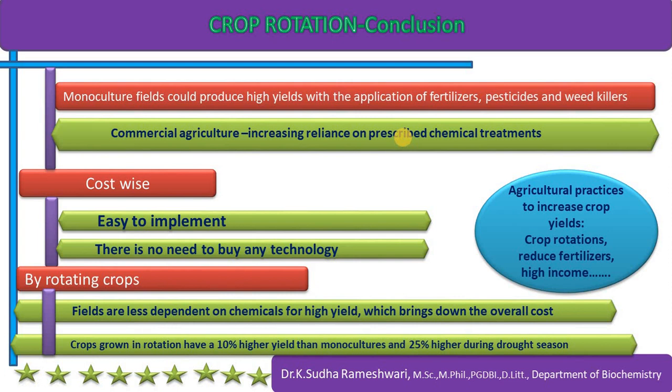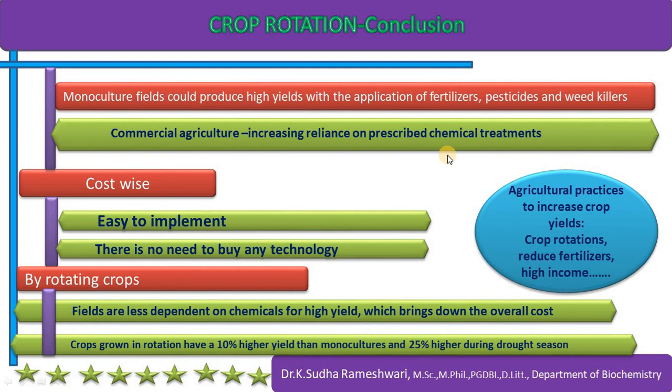Modern large-scale commercial agriculture has an increasing reliance on prescribed chemical treatments. However, the effect on human health and soil fertility has caused many farmers to go back to crop rotation, the natural way, although chemicals are still being used.